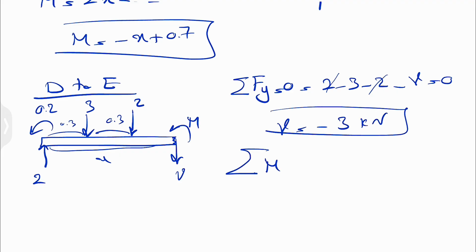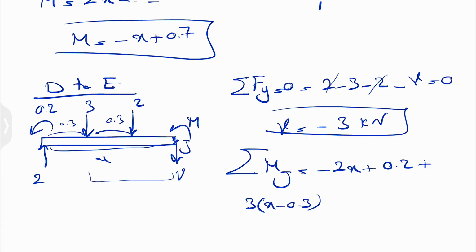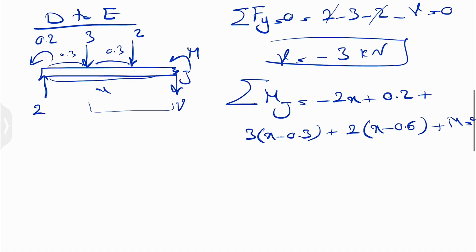And if we just do the moment about J, let's call this point J, we have -2x, we have 0.2, plus 3 times x minus 0.3, so basically this distance, and plus 2x minus 0.6 plus m equals 0.